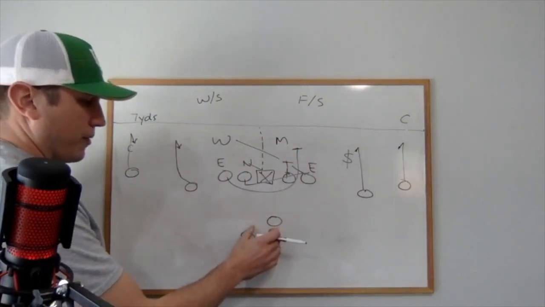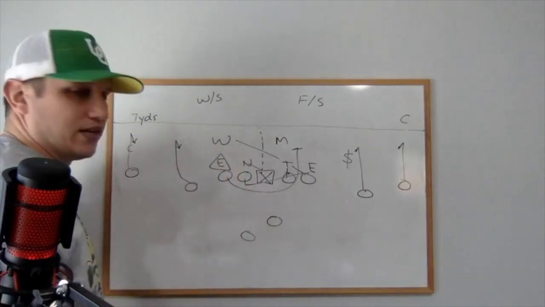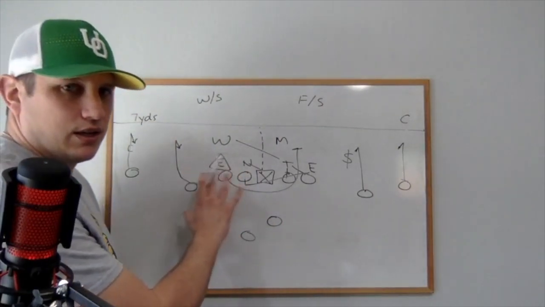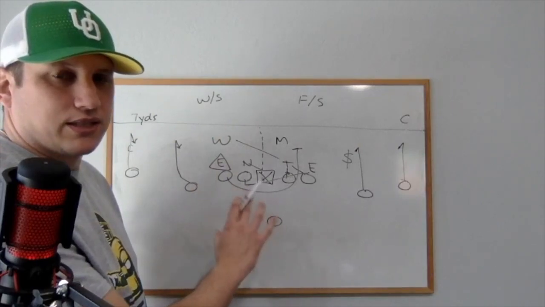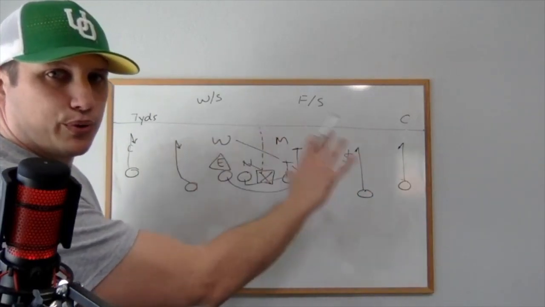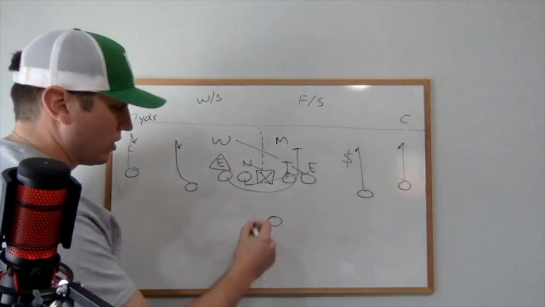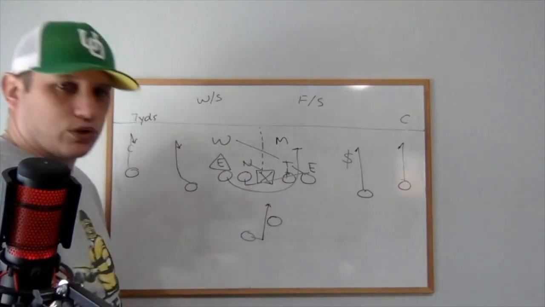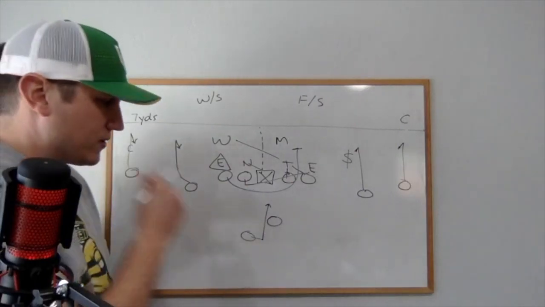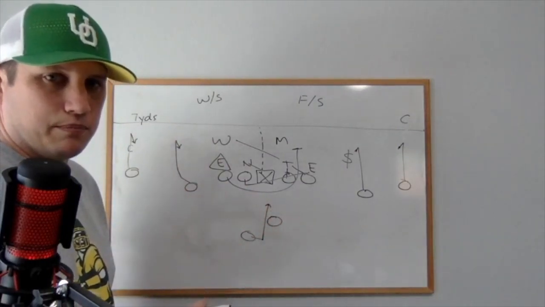Okay? Our quarterback is going to be reading this defensive end. But again, that doesn't come into play unless our quarterback kills the pre-snap pass option in this concept here. Our footwork here is the same as if we were just running inside zone read. Okay, so in the backfield it stays the same.